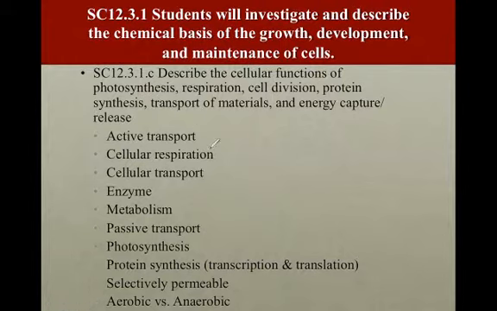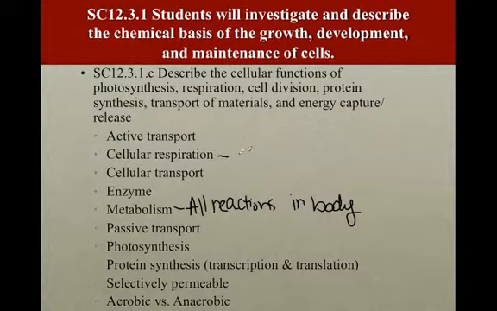Cellular respiration is part of metabolism. This is all the reactions in the body, so using and producing energy. Cellular respiration is the part where you use energy.